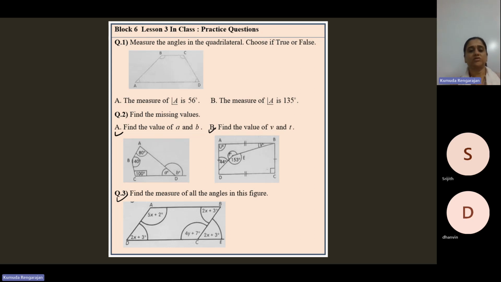No, it's 40. No, it's, oh, that's 140. Yeah, that's 140. This is 100 degrees.